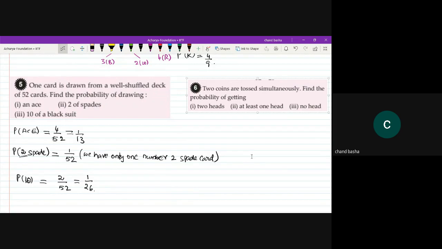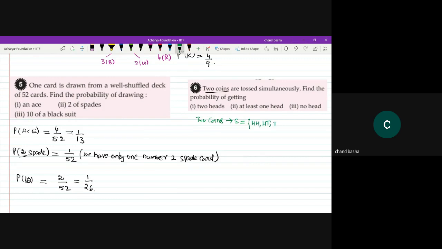Find the probability of getting 2 heads, 1 head, no head. As I said, when we have 2 coins, first you can take the sample space.